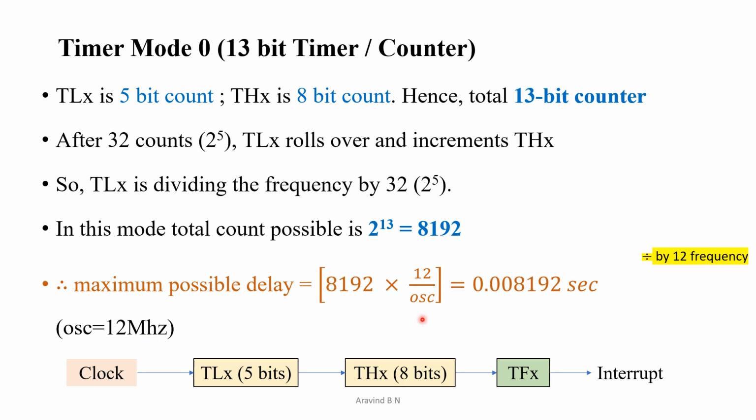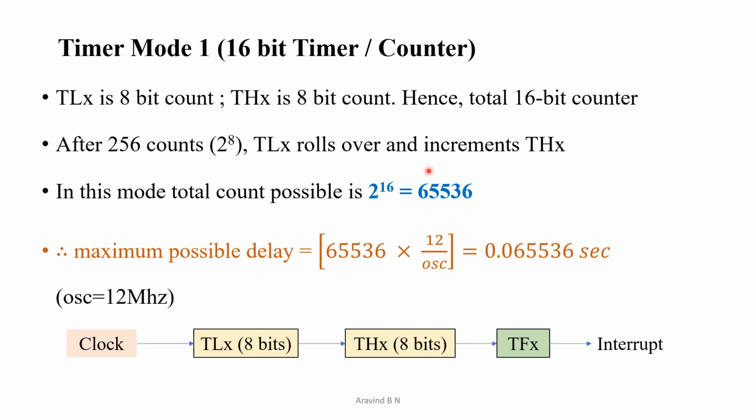In such a case, it is going to generate a delay of 0.00898192 seconds. So if timer mode 0 completes the 13-bit counting once, it generates this amount of delay.